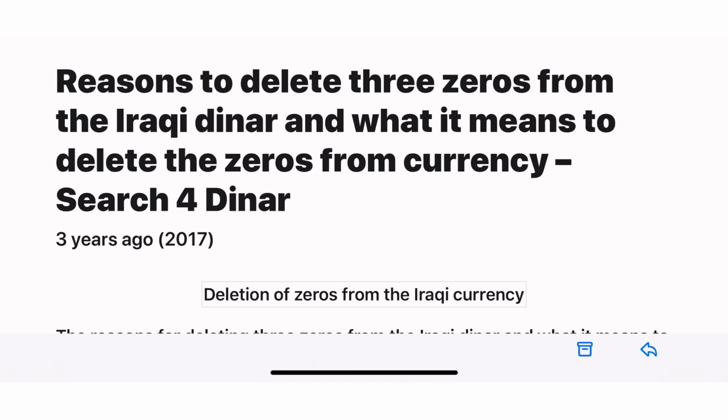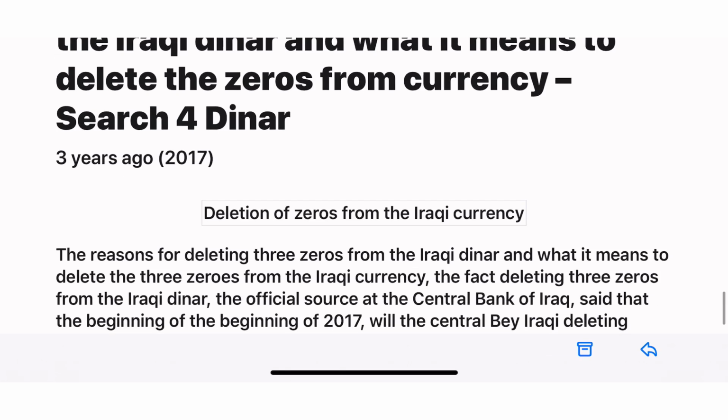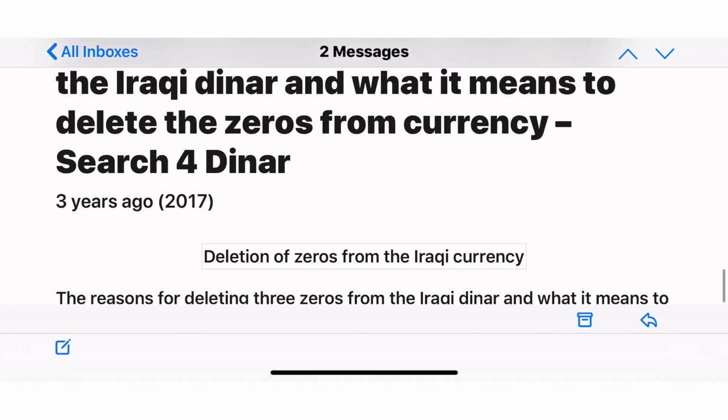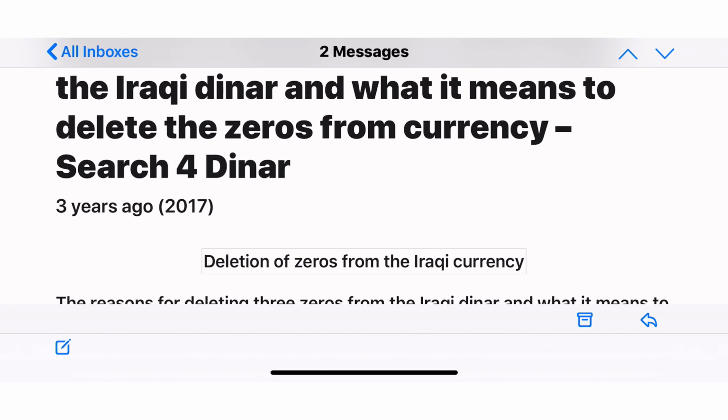Now, just to help clear the air on that, they have to release the rate either before or at the same time they release the lower notes. If they release the lower notes first, it is a currency devaluation, which is what Iran's doing right now. So again, the rate either comes first or at the same time as the lower denoms, or it's a currency devaluation.